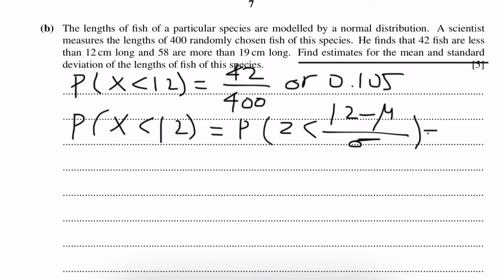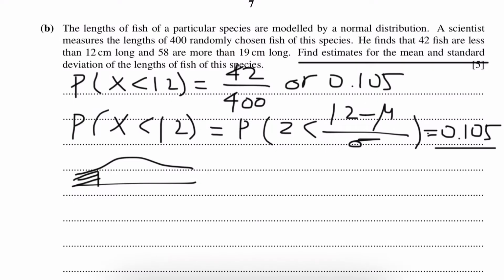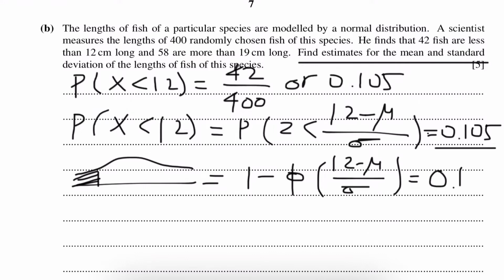This is equal to 0.105. If you draw your graph, you will find that your number is a negative value because your area here is a small number. It's not larger than 0.5, so it's probably here, and smaller than that is here. So you know that this has to be a 1 minus. This is equal to 0.105.